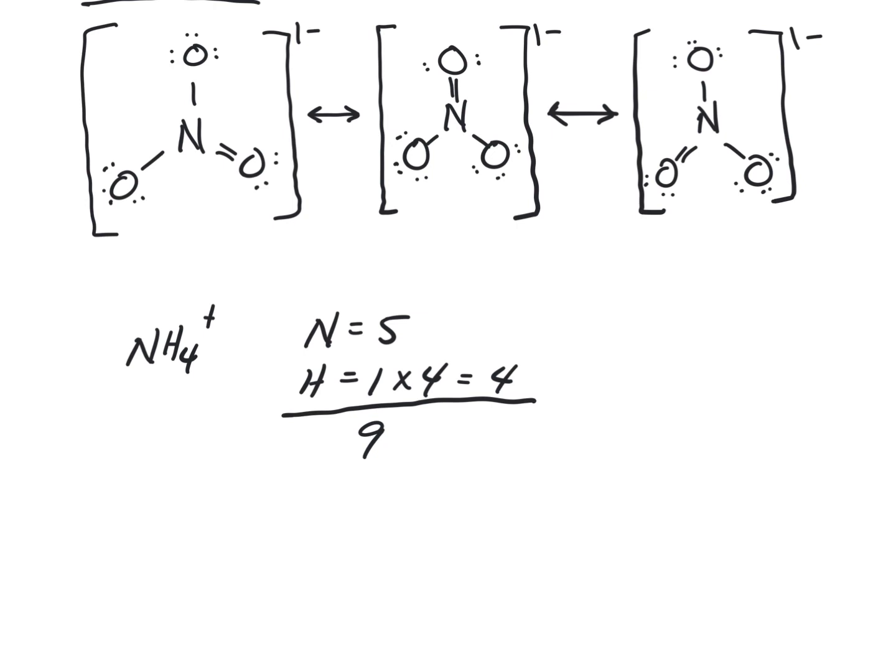Now, this polyatomic ion is a cation. It has a 1 plus charge. How do we get a positive charge? We get rid of an electron, okay? So I'm going to do that right now. I got rid of an electron. Now I have 8 left over.